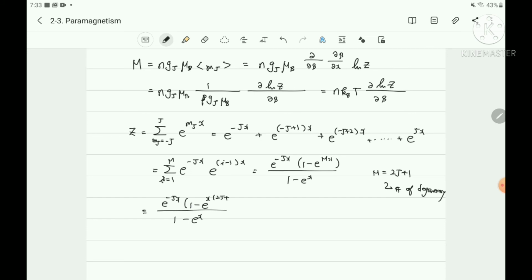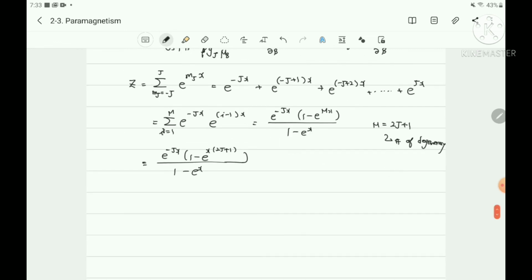When you multiply by exponential minus x over 2, the first term becomes exponential minus 2j plus 1 over 2 x minus exponential 2j plus 1 over 2 x, and the denominator is exponential minus x over 2 minus exponential x over 2.